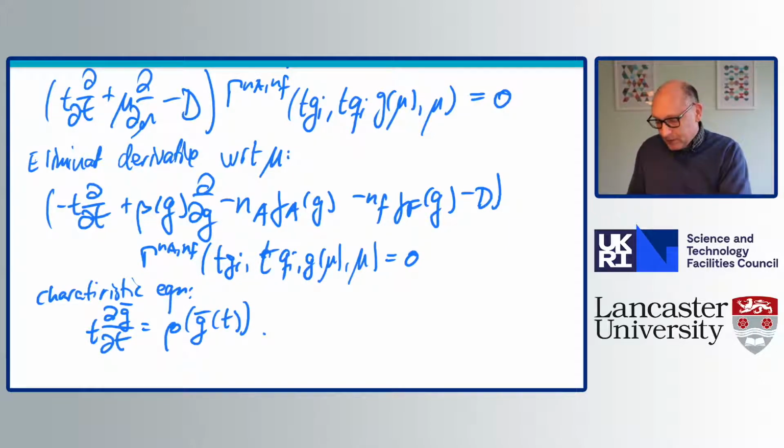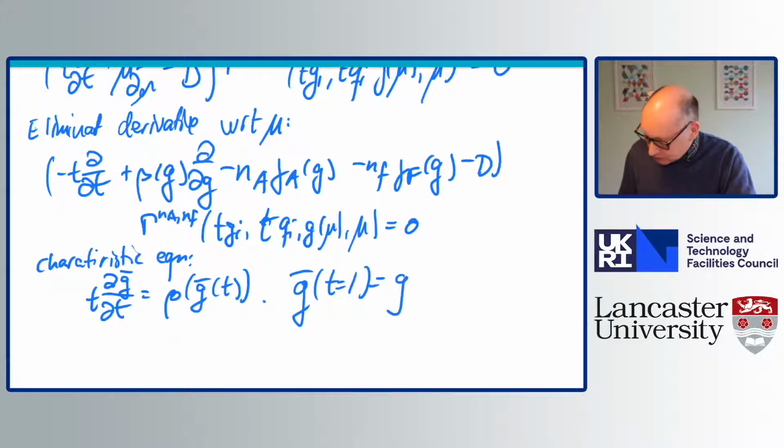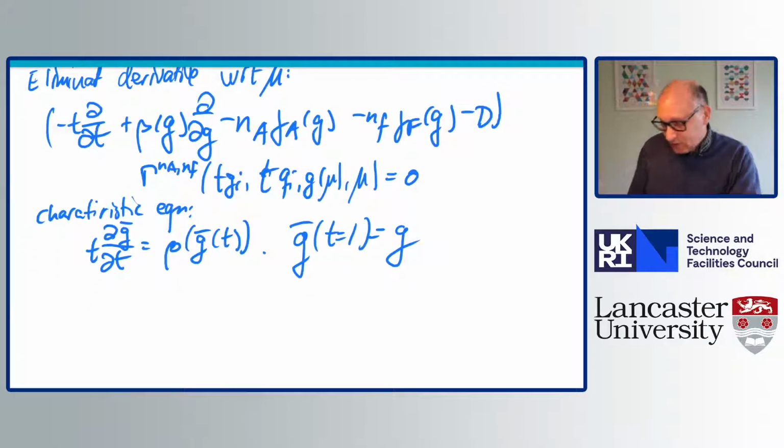So the coupling as a function of t, the derivative of that with respect to t will be equal to β. Now there are other characteristic equations that says here that g bar of t equals 1 is equal to some number g that we fixed, that is, a boundary condition.